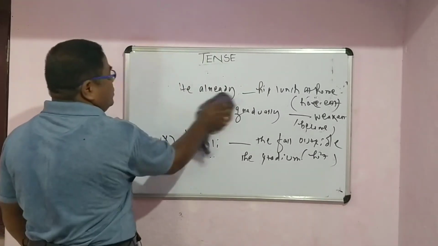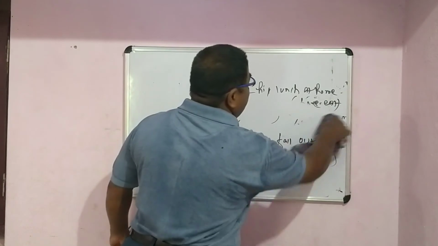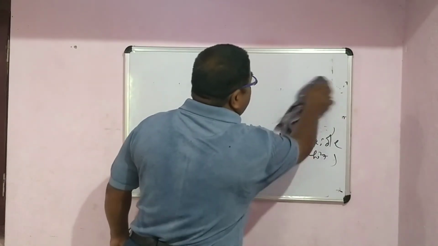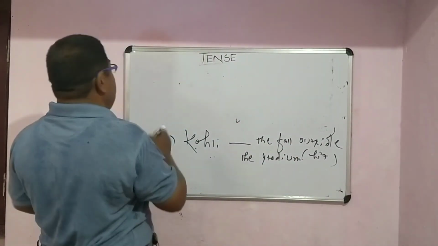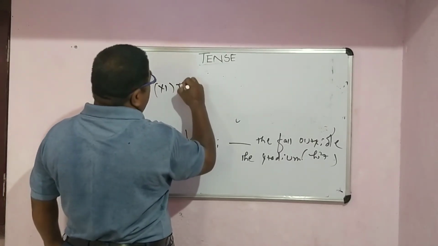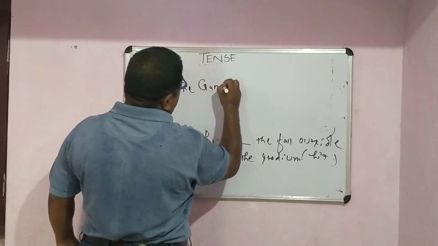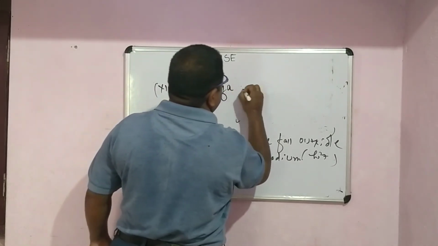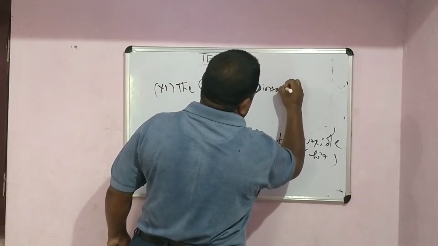Then our final question. What will be question number 10 on the various forms of the present tense? Our last question is that, the Ganga dash into the Bay of Bengal.